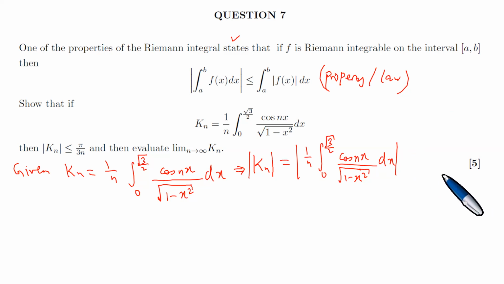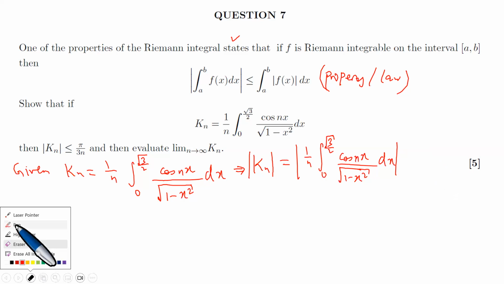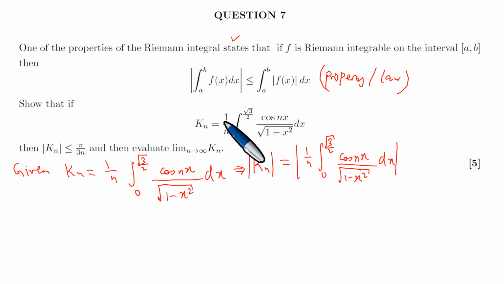Right, but my point is that what we have here is less than or equal to, if you like, you can take the absolute value of this one, 1 over n. And then by this property the absolute values will affect only the function and not even the dx.